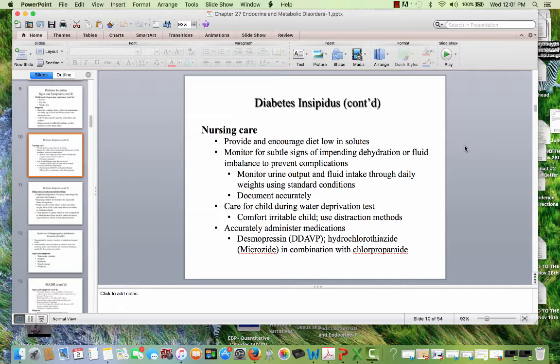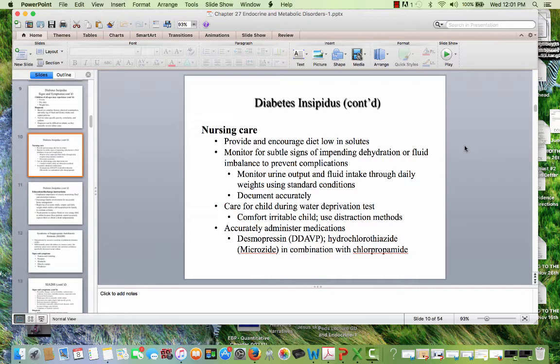The patient is under direct supervision by you, the nurse, while you carefully monitor vital signs and weight. Urine and blood are collected early in the day and tested for osmolarity and electrolytes. Then the child is deprived of water until significant dehydration occurs. So the child is usually weighed every 2 hours until about 2% to 5% of the body weight is lost. That's done intentionally.